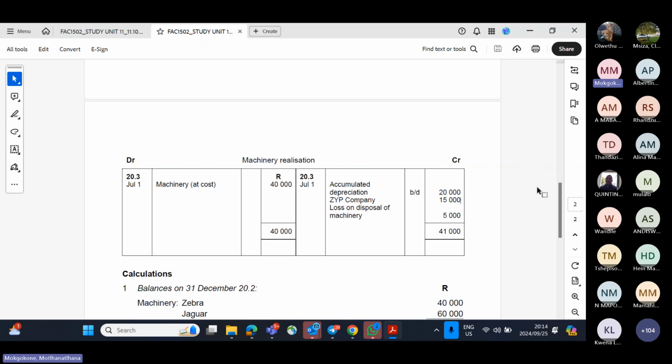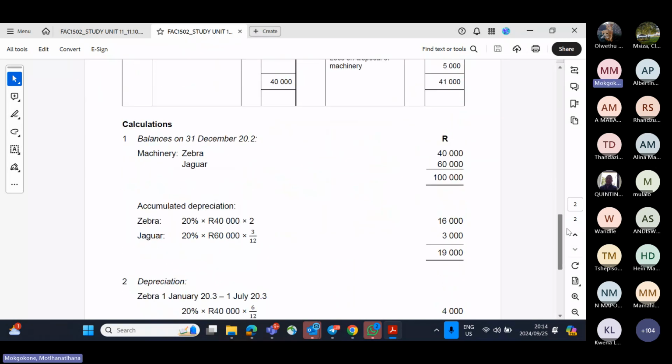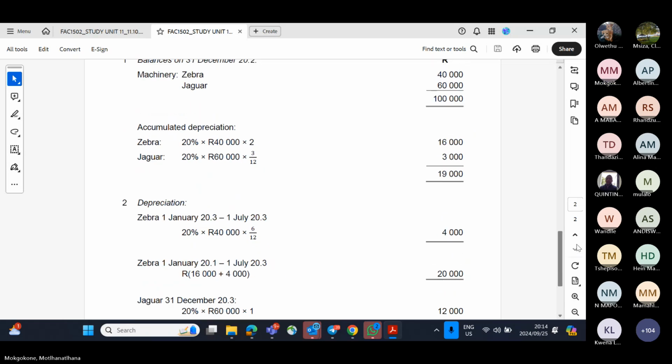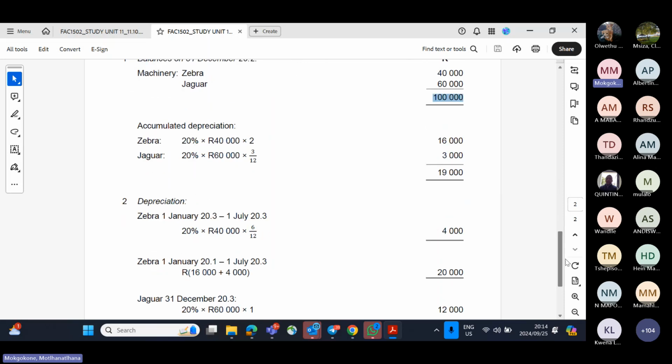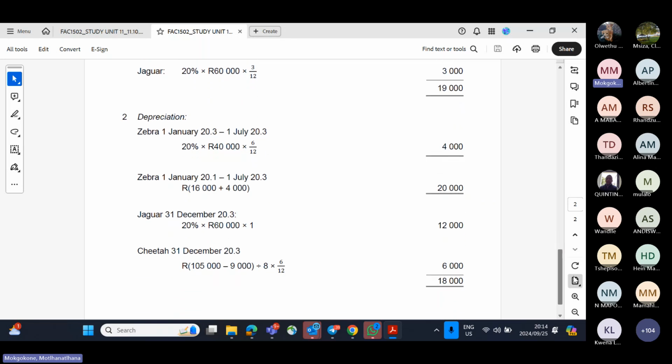They calculated it here as 5,000. This is the opening balance, 100,000, and this is the depreciation for the Zebra and Jaguar machines, 19,000, including the current period's depreciation for the Zebra machine.